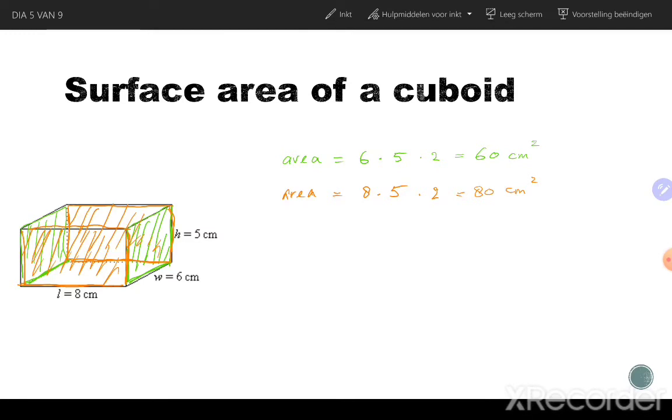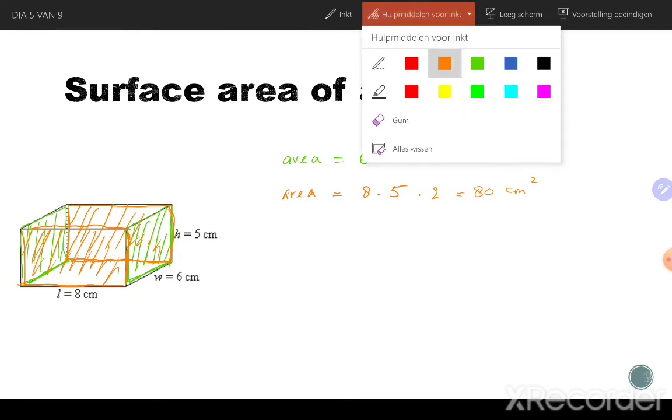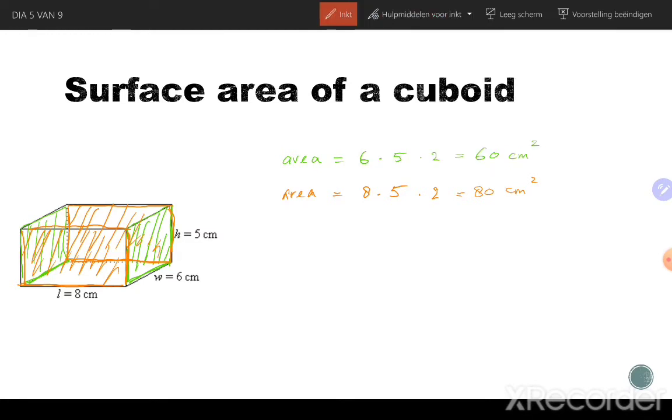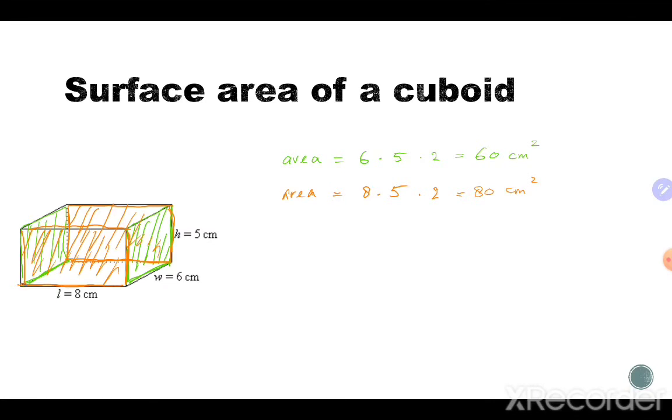Then we still have 2 areas to go. That's the face above and the face under. So if we look at the base, the ground, that area is 8 times 6.